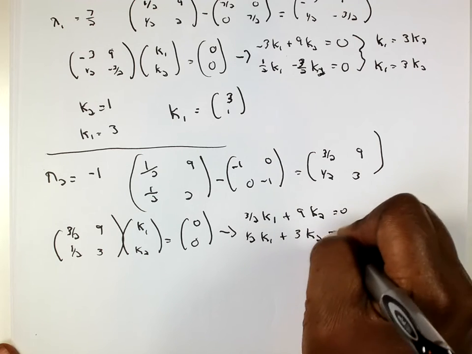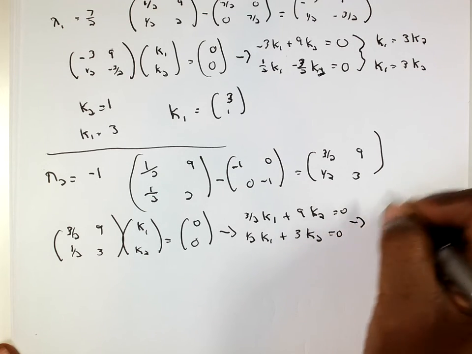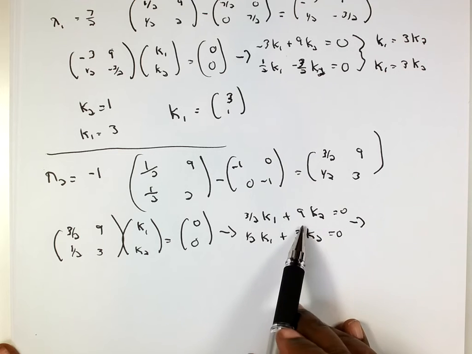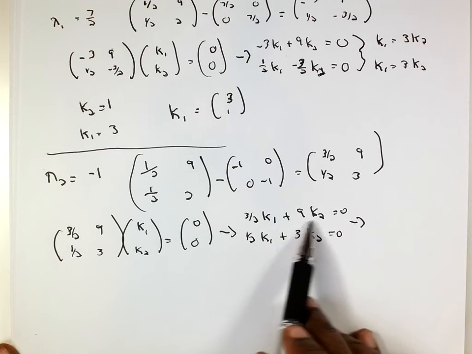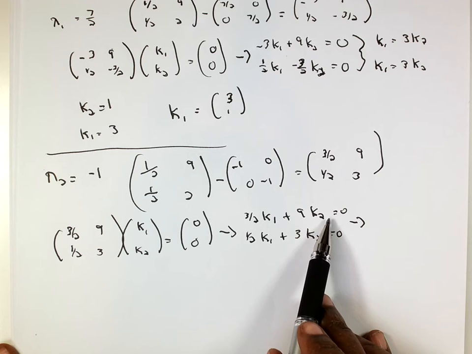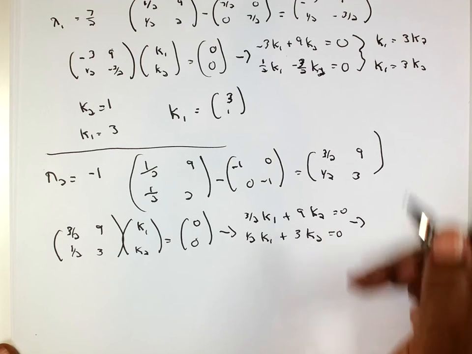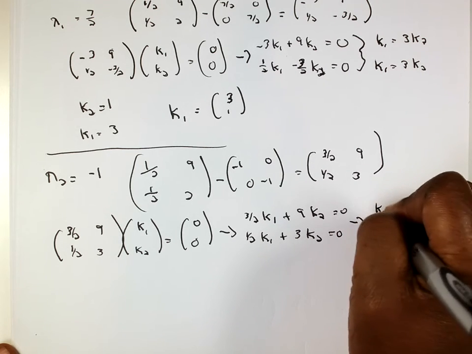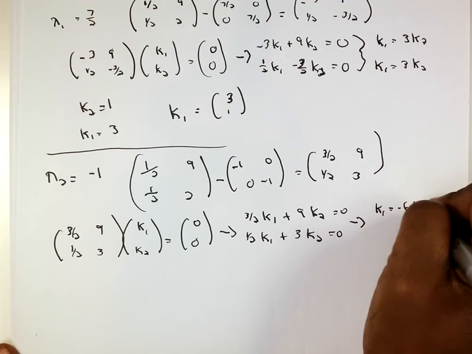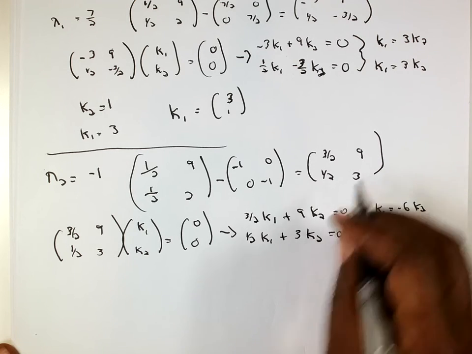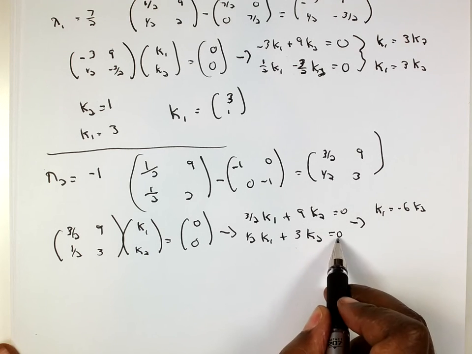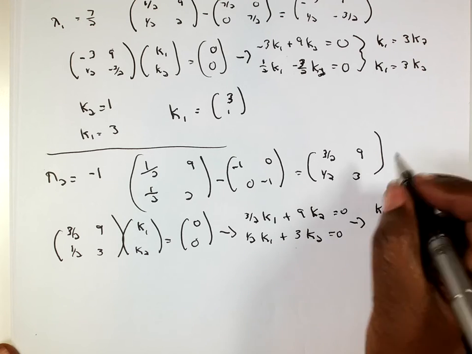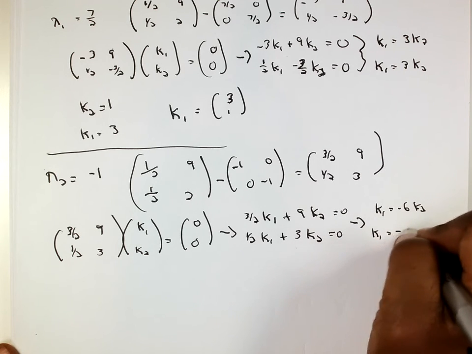And they're both equal to 0. Again, I'm going to do the same thing. So if I solve for k1, move the 9 over, I get negative 9, and then divide it by 1.5. That would give me k1 is negative 6 k2. And the second one, again, move the 3 k2 over and divide it. I get k1 is equal to negative 6 k2.